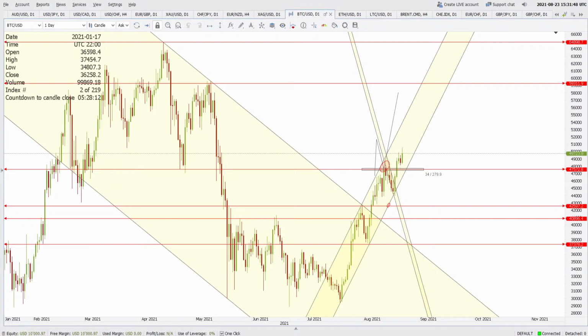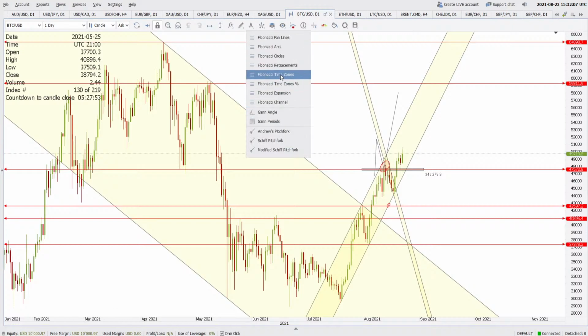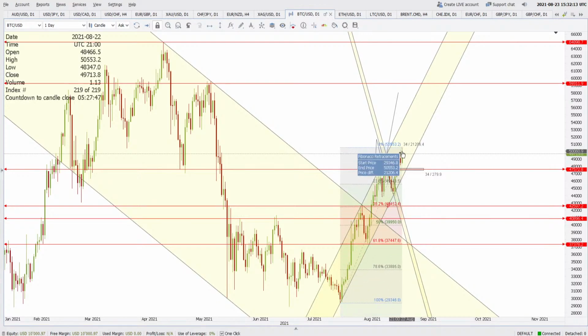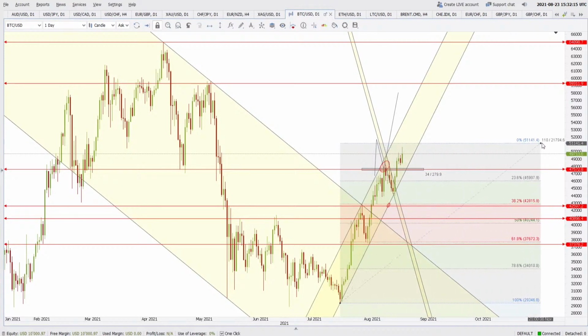So there is a possibility that if a lot of people start profit booking, then maybe 47,572 will be tested again. And if that does not hold, and as a big pullback was expected, what we can do is draw our Fibonacci retracements from this low here to this high of 50,553, which the price has made today.